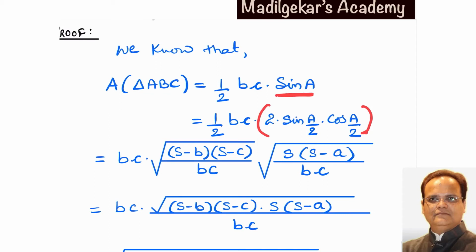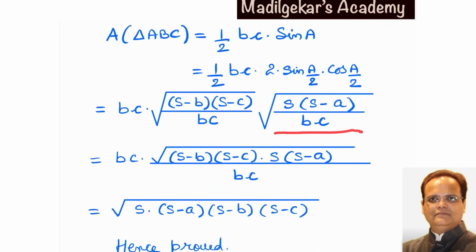We know half angle formulae in terms of small a, b, c. So applying half angle formula of sin A by 2 and cos A by 2, it is bc into square root of (s minus b)(s minus c) upon bc, square root of s into (s minus a) upon bc.